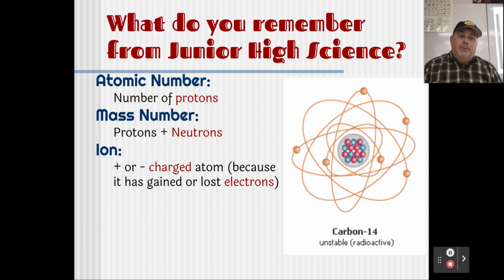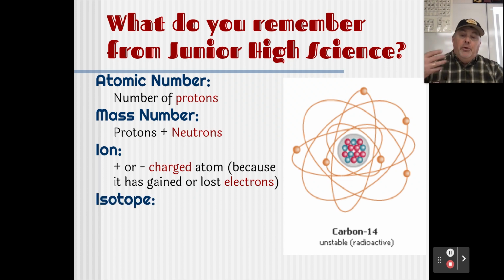For example, carbon has 6 protons, in other words, 6 positive charges. That also means that it has 6 negative charges so that they're equal to one another. An ion means that it's either gained an electron or lost an electron. In other words, it's either gained a negative charge or lost a negative charge. And that's what we refer to as an ion.